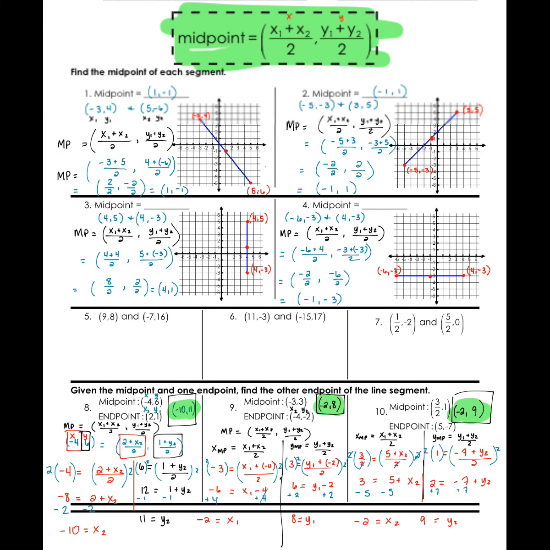Add 7 to both sides. So we get y equals 9. Okay, so our other endpoint is -2, +9.